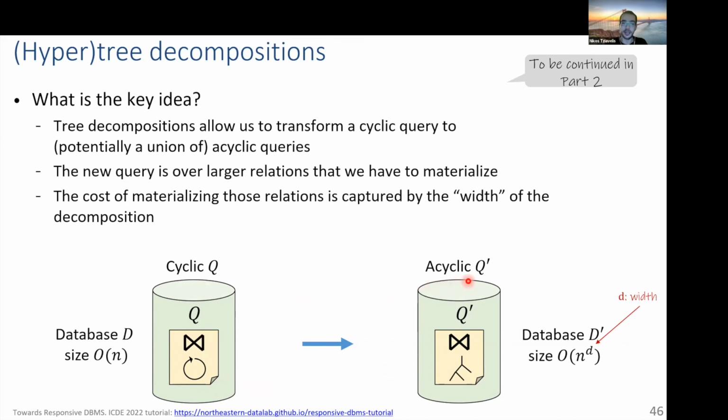It's acyclic, and the cost we pay is that we have to materialize some new relations, and those relations are bigger than order n. They can be n to the power of d, and this d is a parameter of the decomposition called the width, and it basically measures how expensive this decomposition is. We will be looking in more detail into this technique now in the second part.